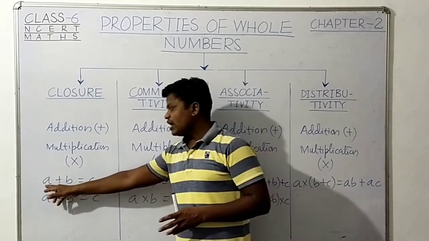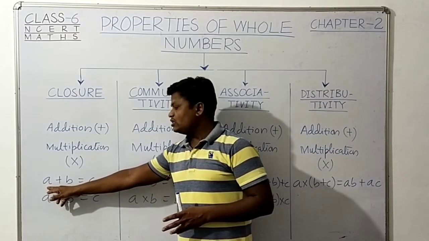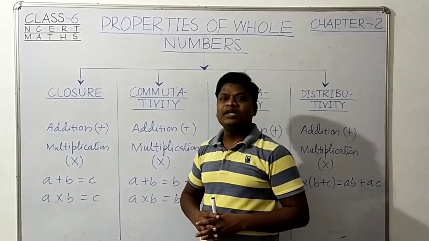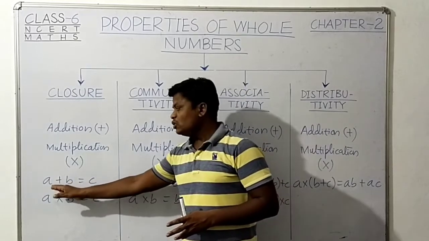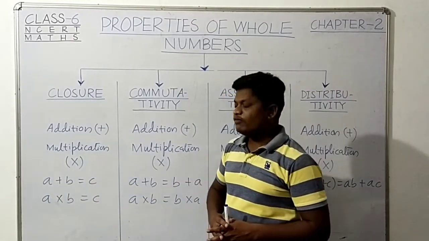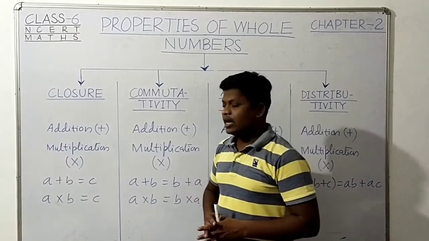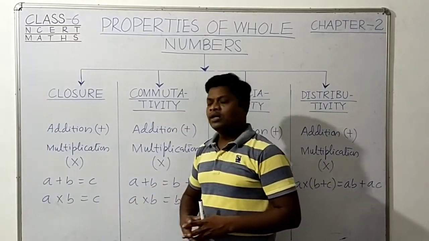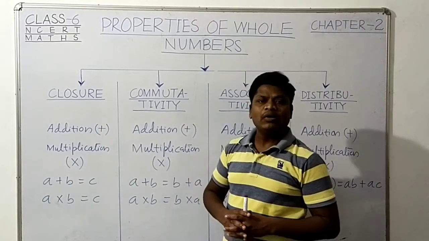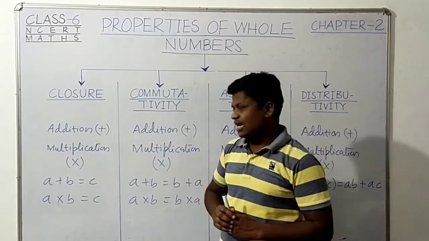Suppose I take A, which is a whole number, and another one, B, and I get C, which is also a whole number. By adding two whole numbers, we ultimately get a whole number, right? When we multiply two whole numbers, the resultant number will also be a whole number. We can also take an example.